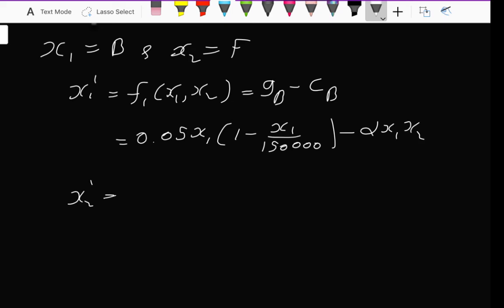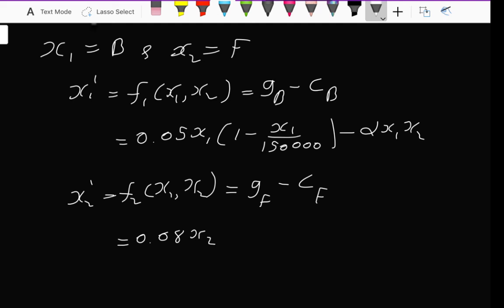x2 prime, which is f2 of x1, x2, can be written as GF minus CF. So the equation should be 0.08 x2 times (1 minus x2 divided by 400,000) minus alpha x1 x2.